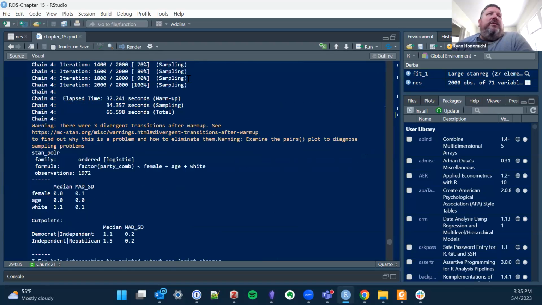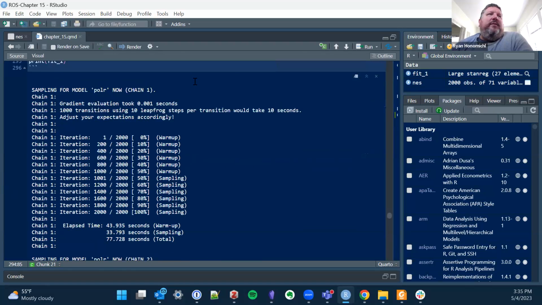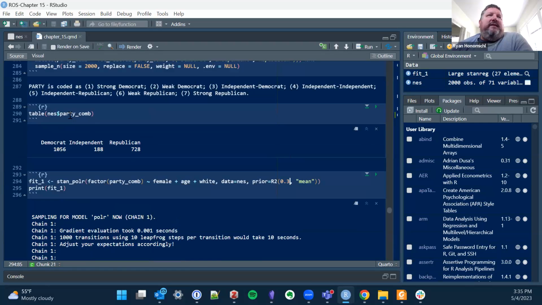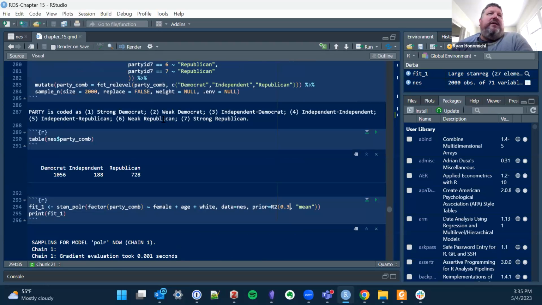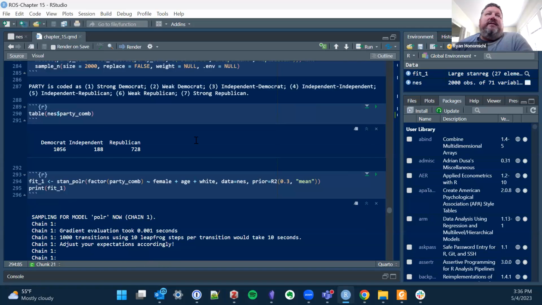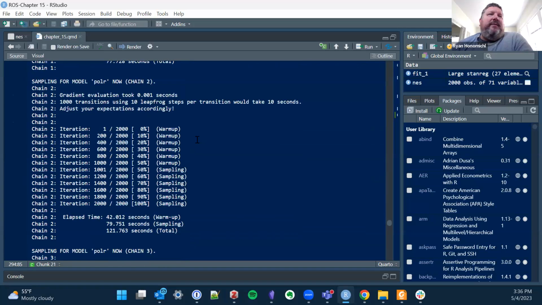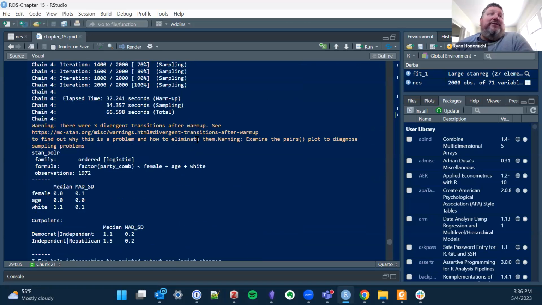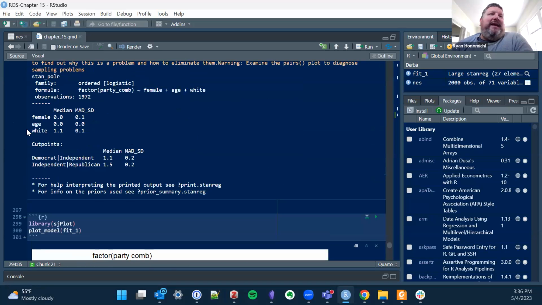So what I did was, remember, we're trying to predict party affiliation. They had a bunch of predictors, and because I didn't have a ton of time and didn't want to add too many things, I just picked age.